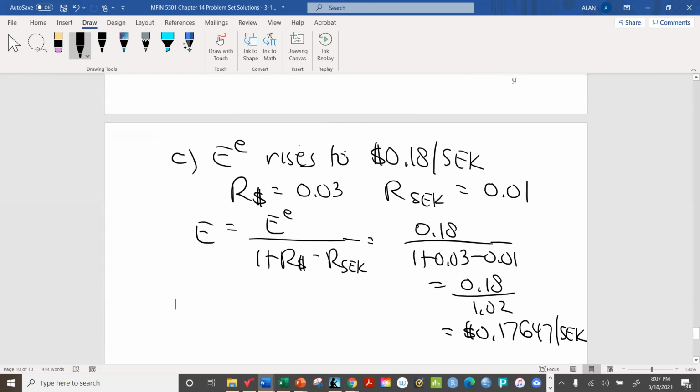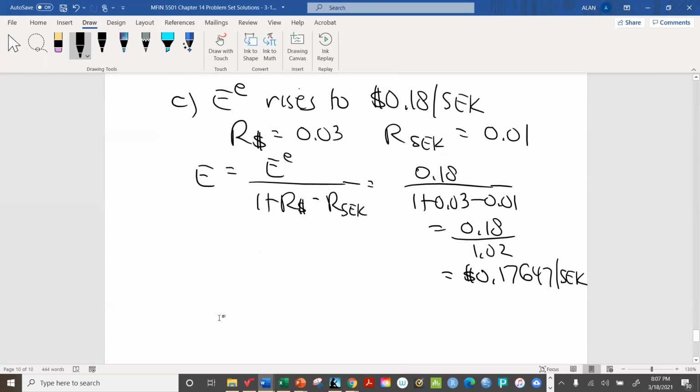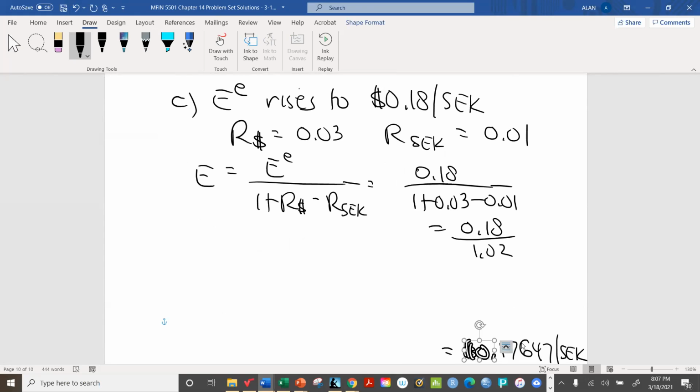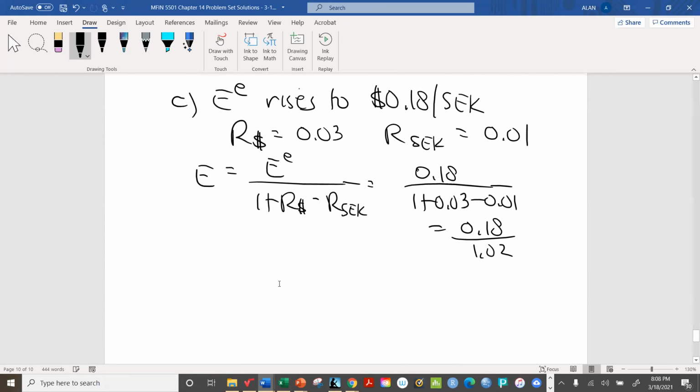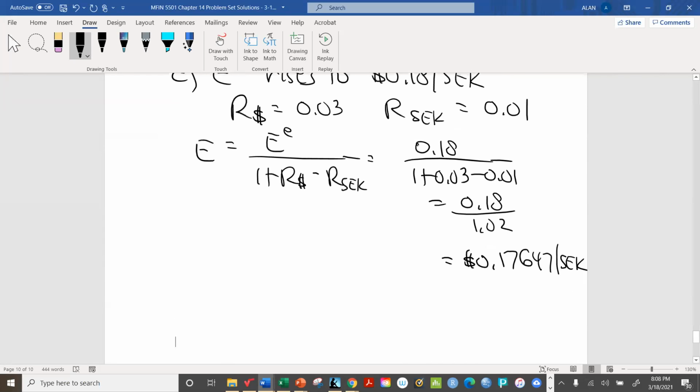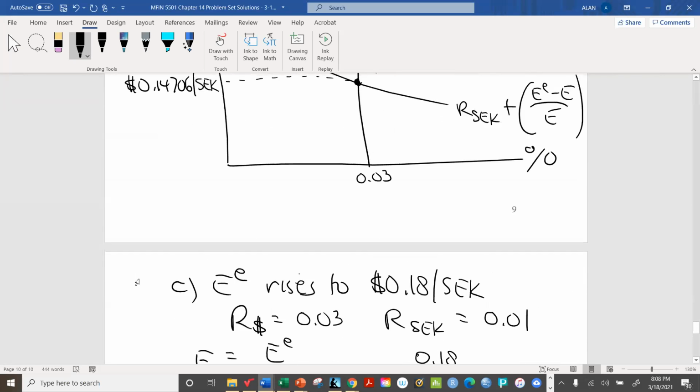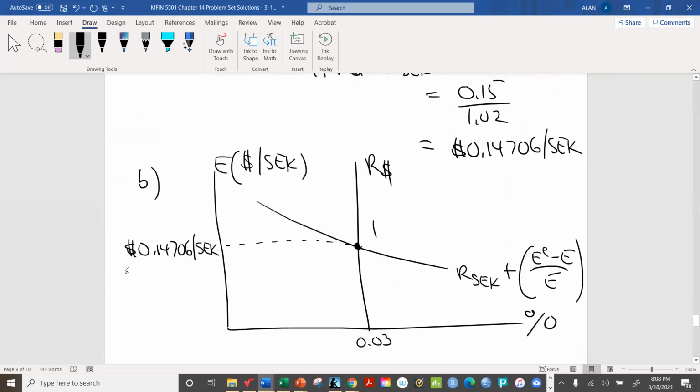And now we have to figure out how to graph that, I mean, that change. Wait a minute. Okay, so we'll just grab this graph and see how that change happens.